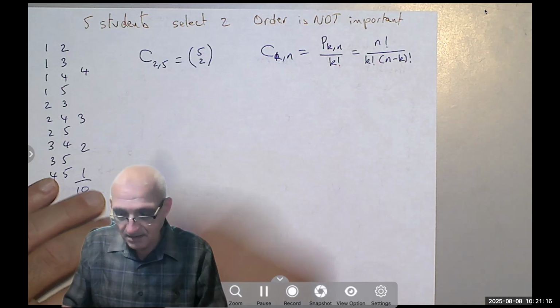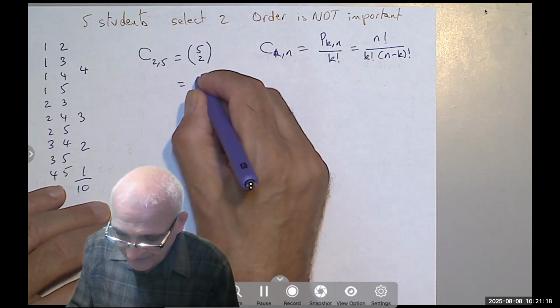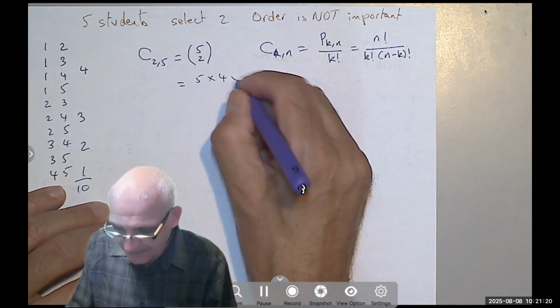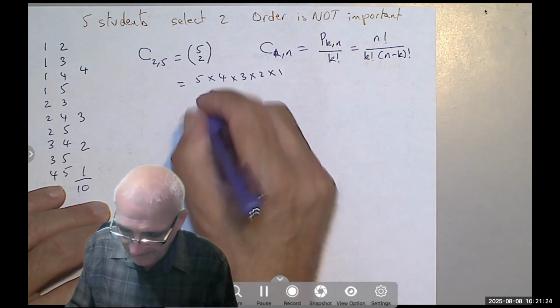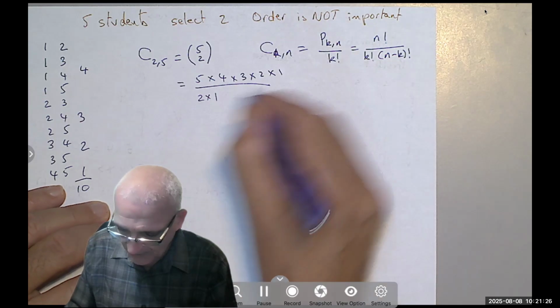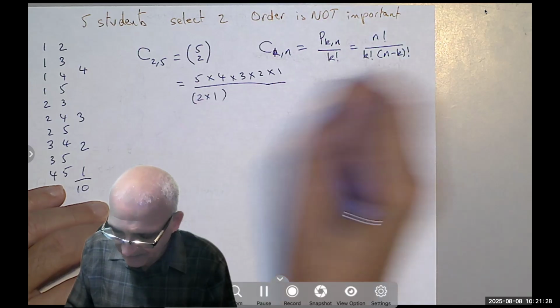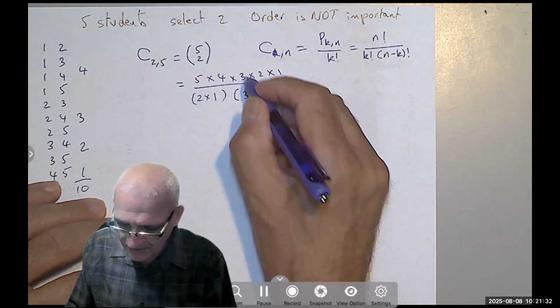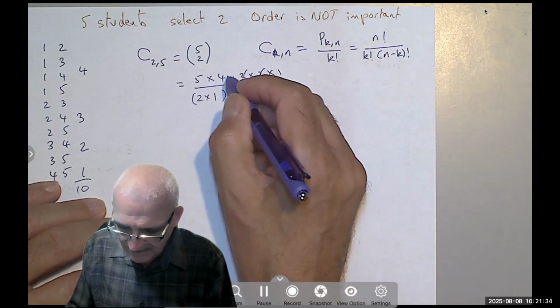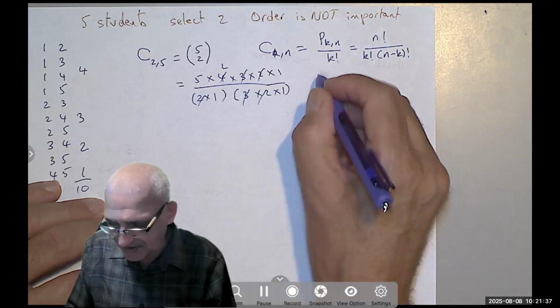And this becomes 5 times 4 times 3 times 2 times 1 divided by 2 times 1 times 3 times 2 times 1. So these cancel, and this over that is 2. 5 times 2 is 10.